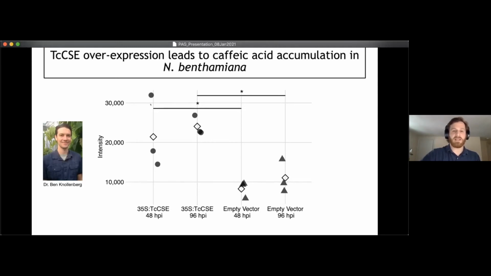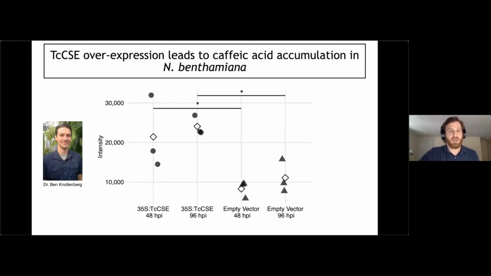And what we see is that at both 48 and 96 hours, the plants that are overexpressing the CSE gene accumulate caffeic acid. Okay, this is consistent with what we would expect its function to be.